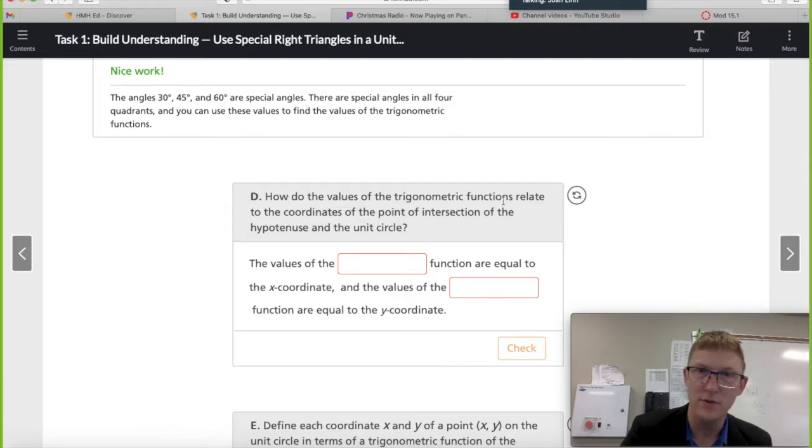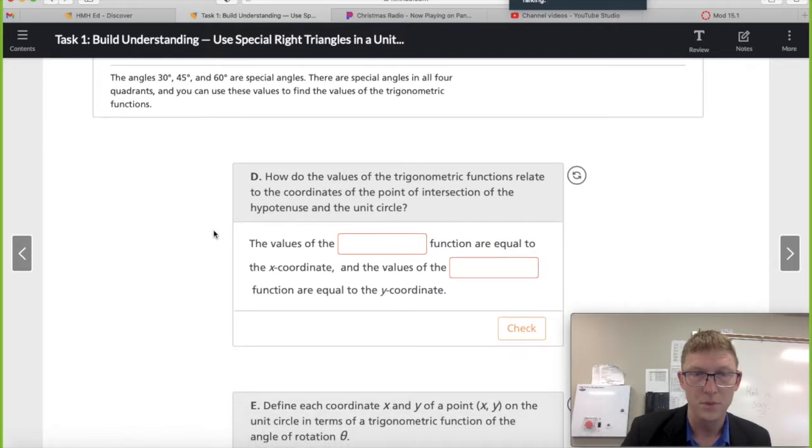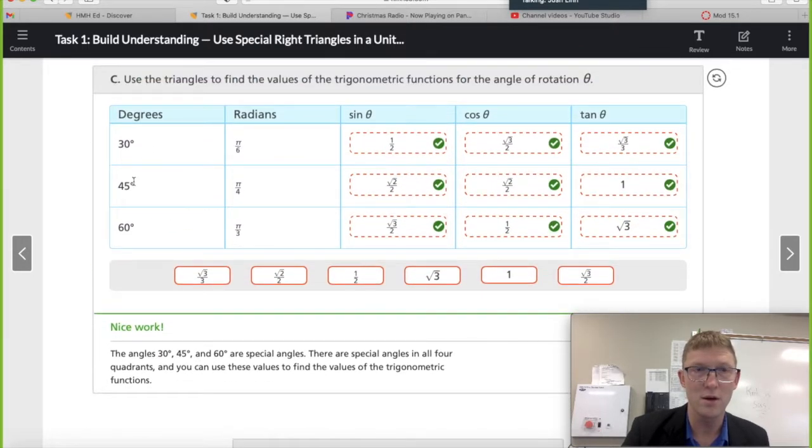So how do the values of the trigonometric functions relate to the coordinates of the points of the intersection of the hypotenuse of the unit circle? So the values of the blank function are equal to the x-coordinate. So the values of the, let's see here, which one? Cosine, right?